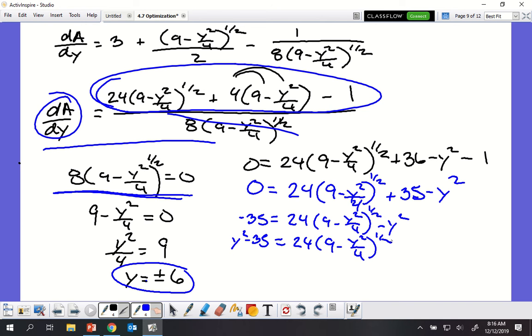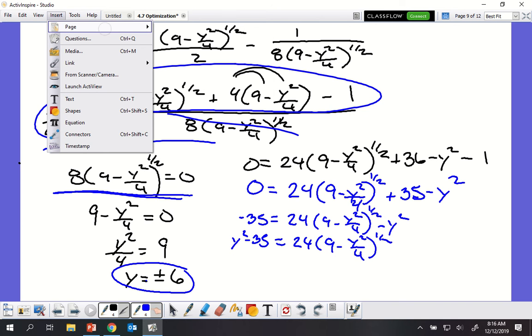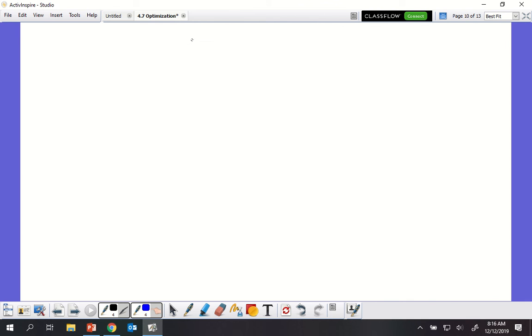here, let me move to a new page. So we had y squared minus 35 equals 24 quantity of, was it 9? Yeah. 9 minus y squared over 4, to the 1/2.